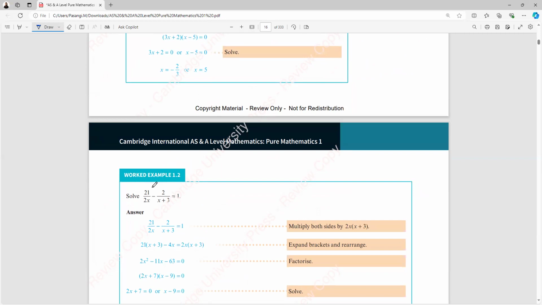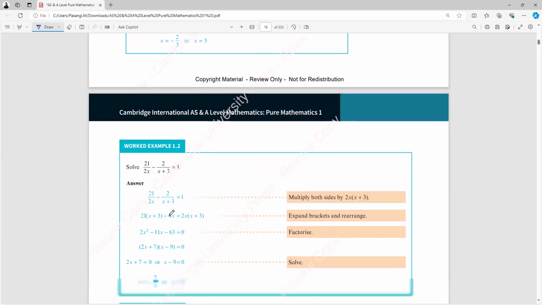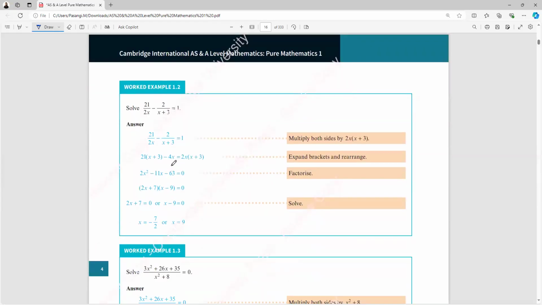What is the method to rearrange it? Actually, what they have done is first they have taken 2x times x plus 3 as a common denominator, and then they have done the cross multiplication. That's the method they have used here. But my opinion is to take this 1 to the left hand side and then get 2x times x plus 3 as the common denominator.